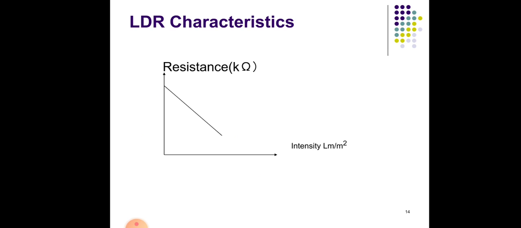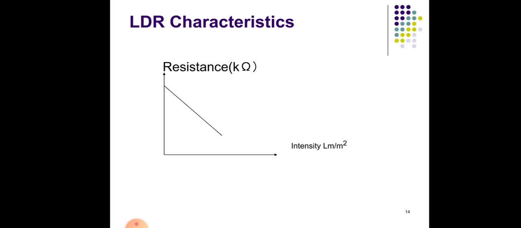Now next one is LDR characteristics. As shown in the figure, the variation of resistance of LDR with change in intensity of light. The LDR resistance decreases with increase in the intensity of incident light.